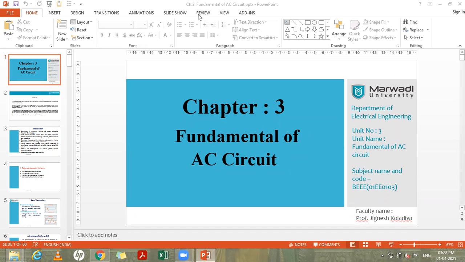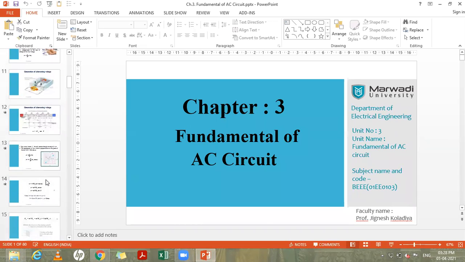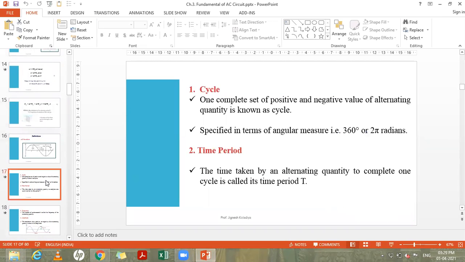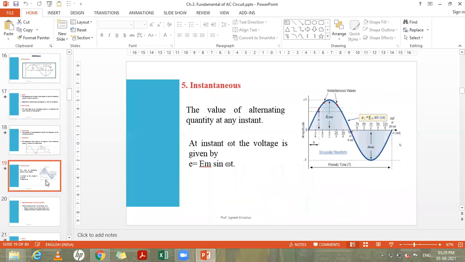Okay, so in the previous session we completed some terminologies associated with the sinusoidal waveform, like cycle, time period, frequency, amplitude, and instantaneous value.